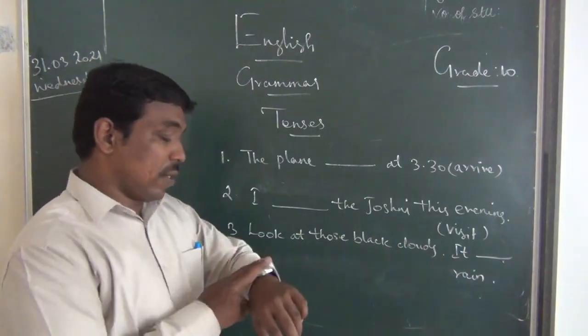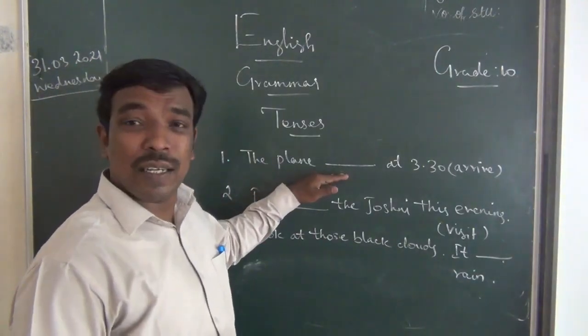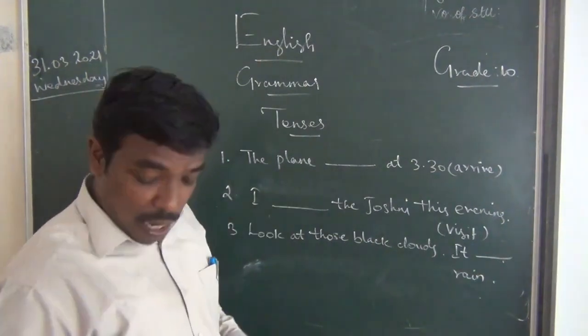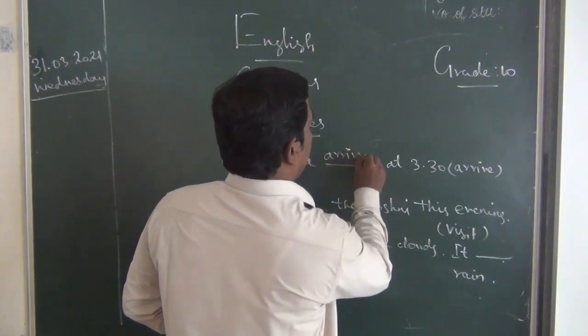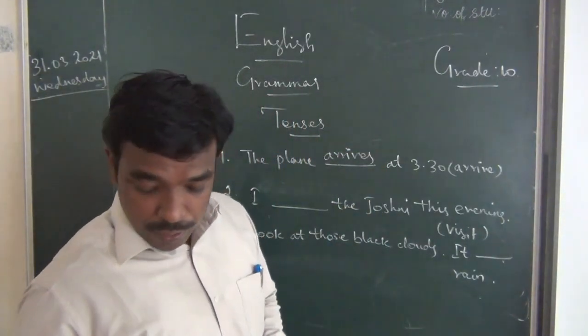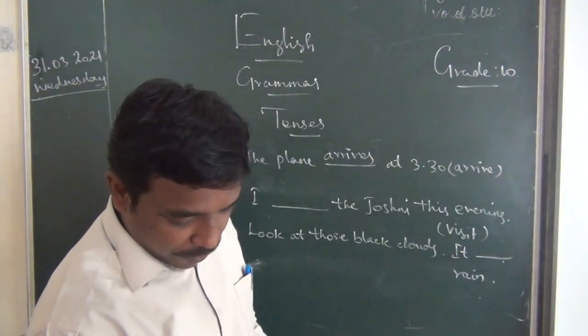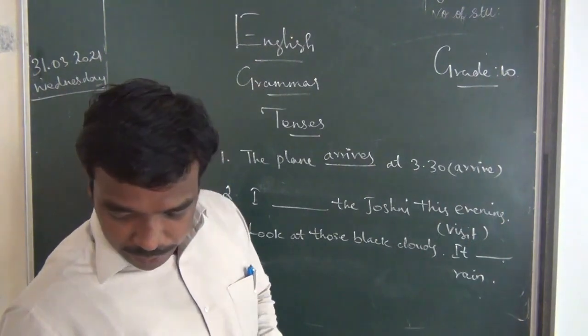Listen. The plane: I already said it is a schedule, so we use the word arrives. The plane arrives at 3:30. The next one: I am visiting Joshi this evening.